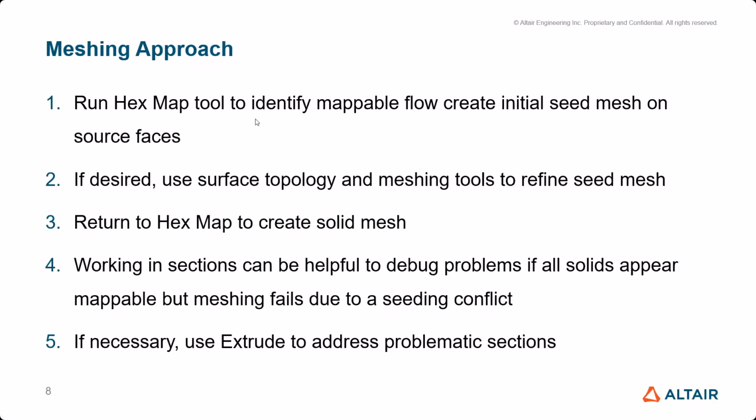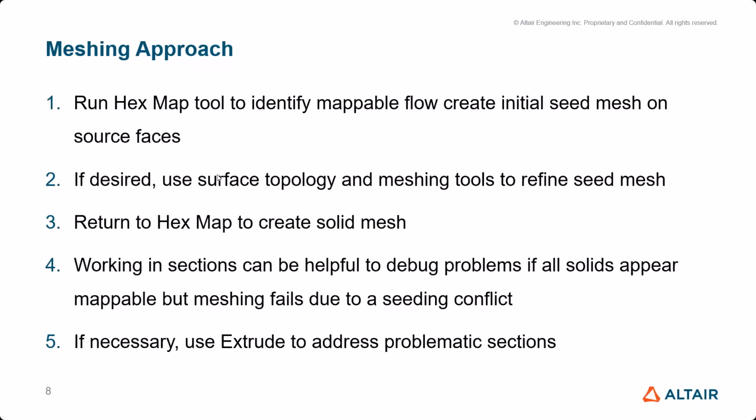It will go in and identify for each solid that's making up your part what the appropriate source surfaces are and put an initial seed mesh on those faces. You can take a look at it at that point to see if you're happy with it. There are also some tools that you can use to interactively change seeding and other things, similar to the surface mesh tools, within the hex map tool.